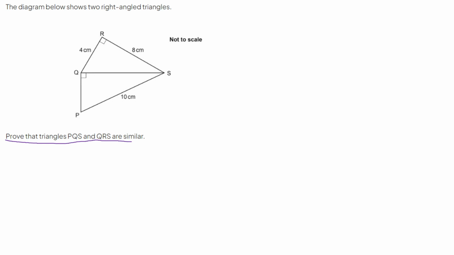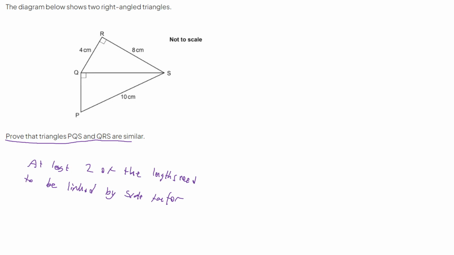In order for triangles to be similar, at least 2 of the lengths need to be linked by scale factor. Okay? So let me tell you what I mean.